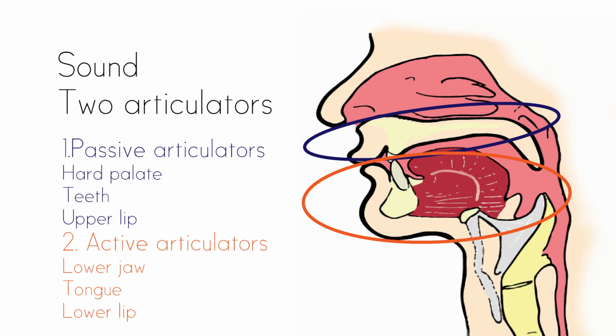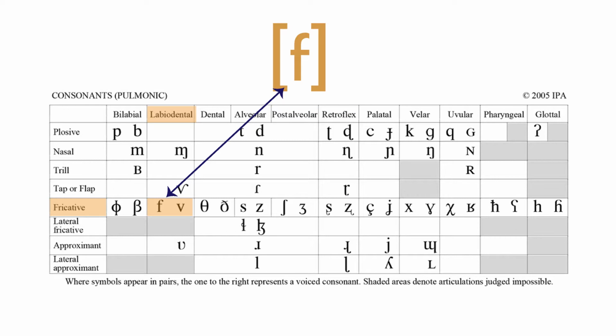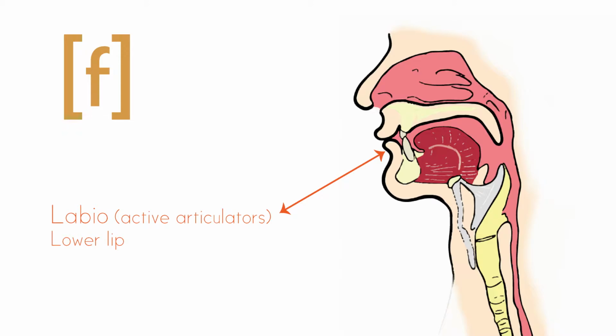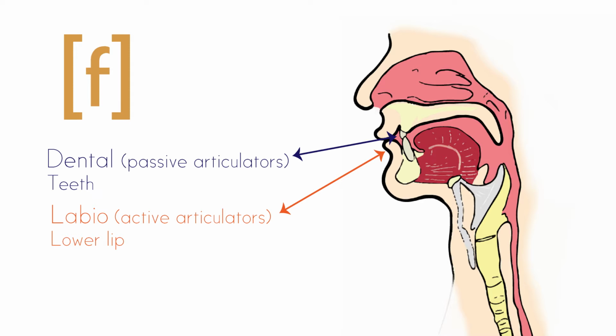For example, if you look at the symbol for F, it says it's a labiodental sound which is produced in a fricative manner. The first part of this, labio, is the lip. It's the active articulator, which is the lower lip, of course. And dental, the second part of this two-part word, is the passive articulator.